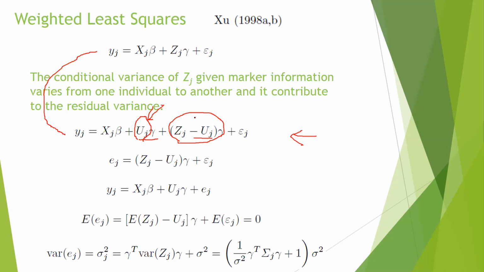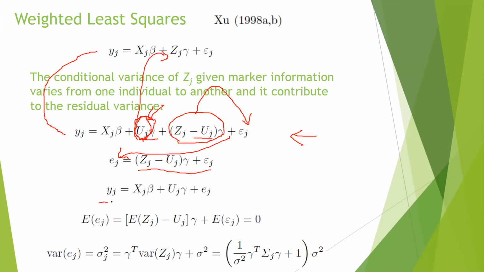All right, and this error, the newly introduced error, will be lumped into the random error to form the combined error. So this is the real error term in the real analysis when we use the expected value of the Z rather than Z itself. Is that clear?